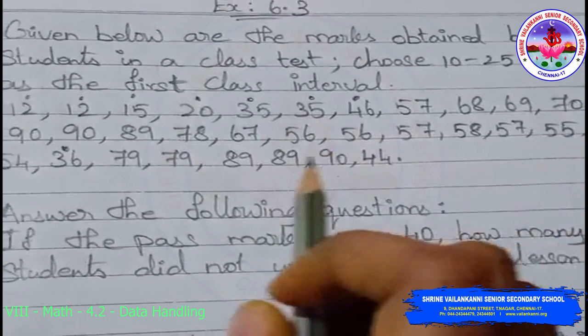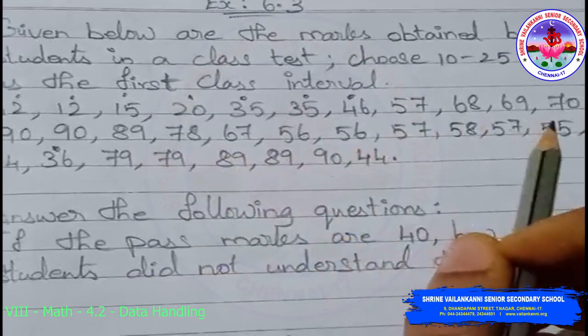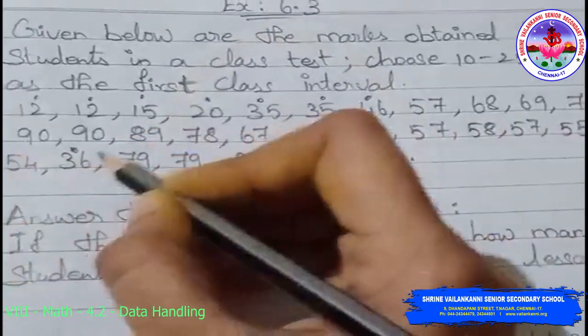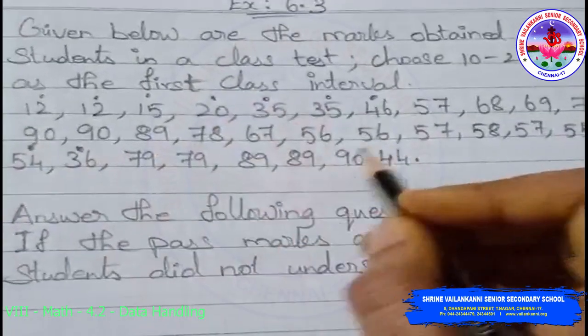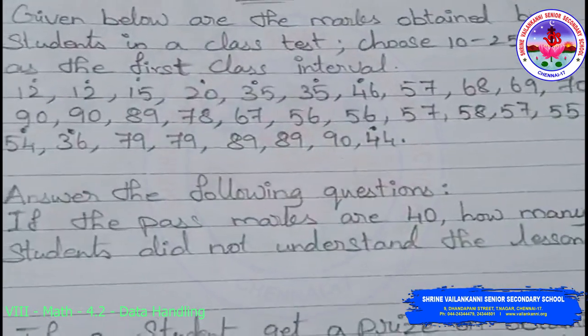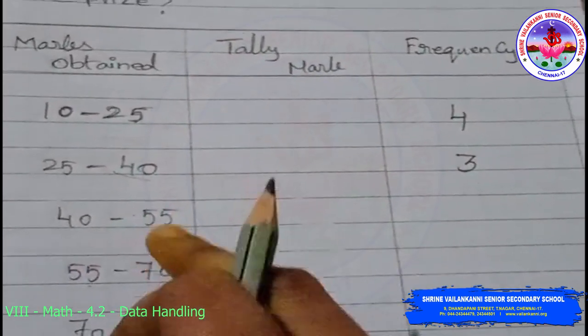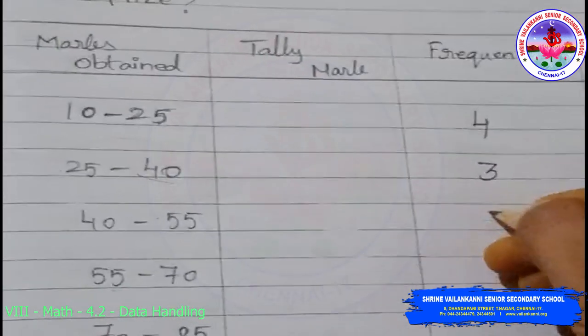The next value is 2 and 3. The class interval 40 to 55, the frequency is 3.